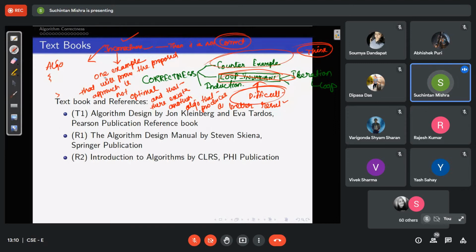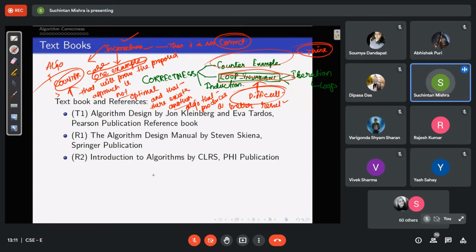If you can show that there is at least one example, one case, where you can prove that the proposed approach is not optimal, that means the algorithm that we are talking about is not optimal. If you can show it through an example, then that example is called a counter example. You are countering the correctness through this example. And that there exists another algorithm which produces a better result for this counter example also.